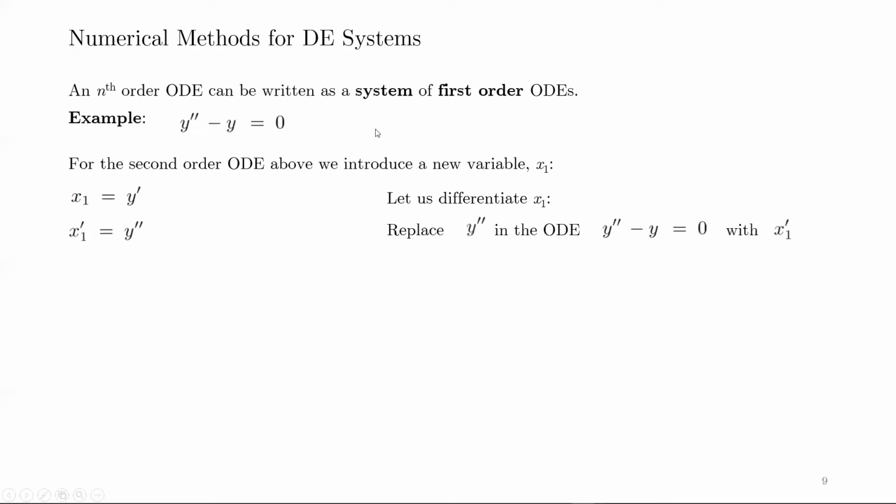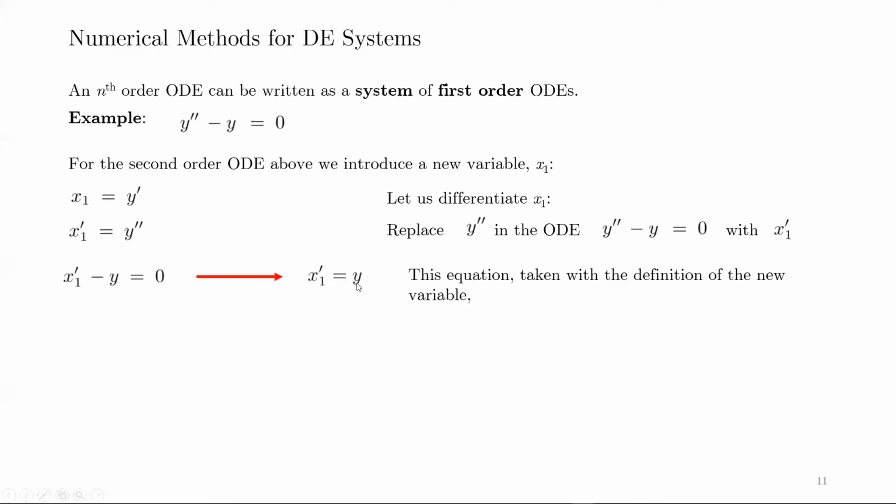So I'm going to replace y double prime in this ODE with y, and I get x1 prime equals y. Now I have two first order ODEs, y prime equals x1 and x1 prime equals y. Fantastic, so here's my system of ODEs.